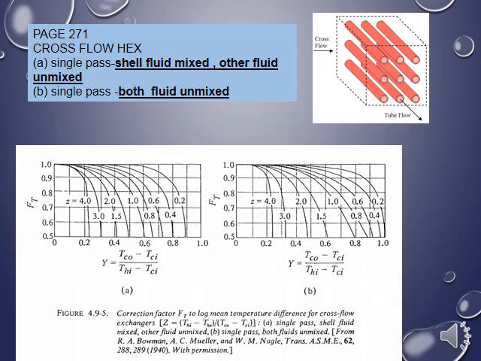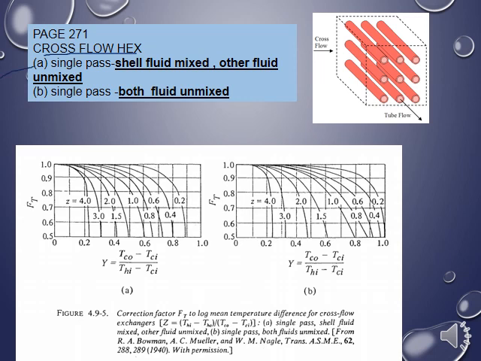This one refers to chart 4.9.5, and this chart is for the cross flow heat exchanger. Remember the cross flow type heat exchanger, we already discussed this type in part 1. There are two types: one fluid mixed and the other unmixed, or both fluids unmixed.